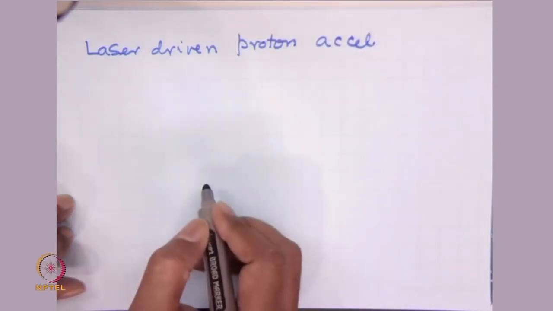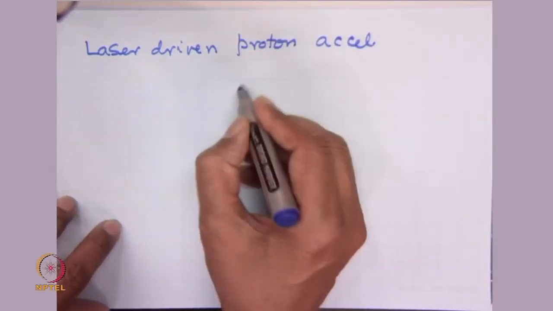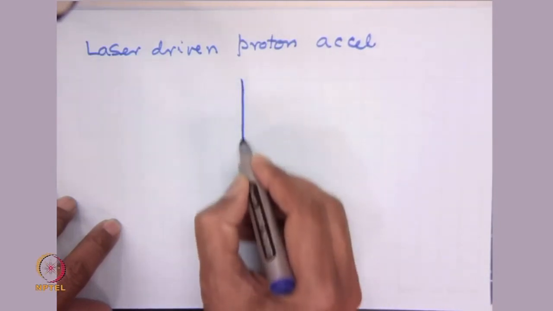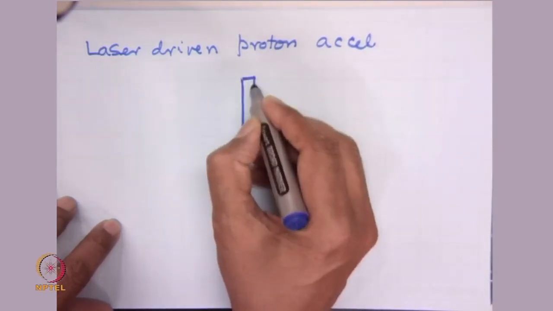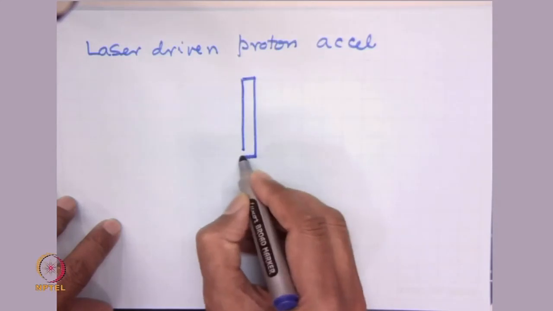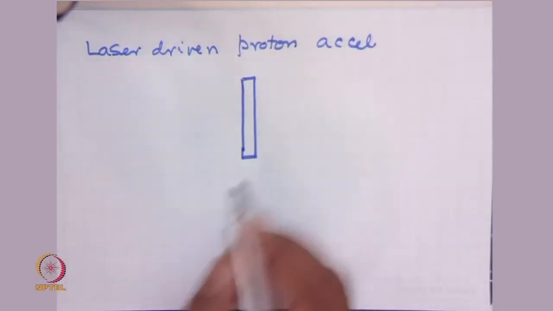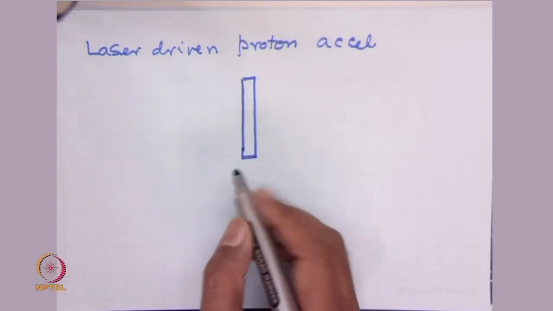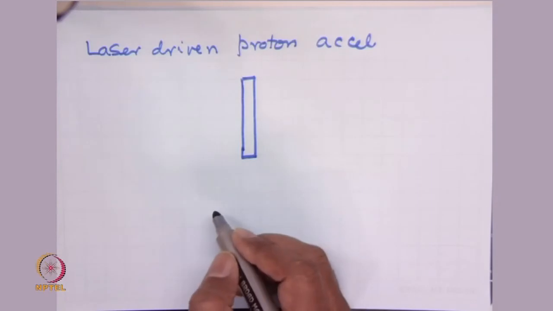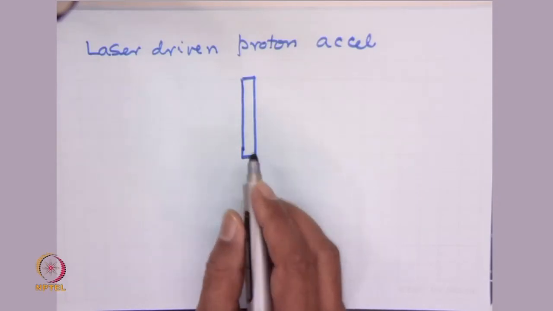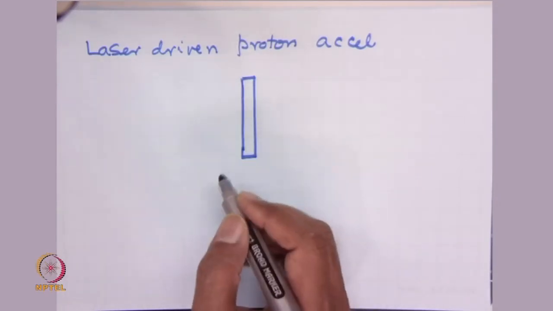This physics is also very simple, very interesting. You choose a thin foil of some material, maybe choose a thin foil of, say, hydrogen. This is hydrogen plasma. What will happen?